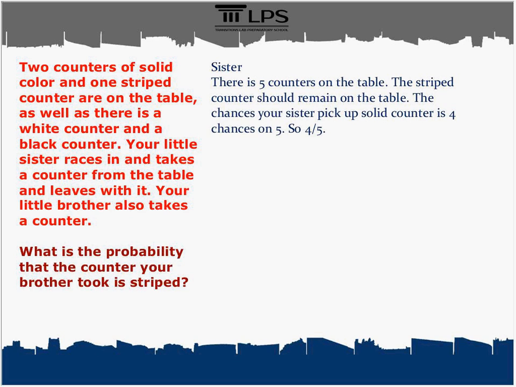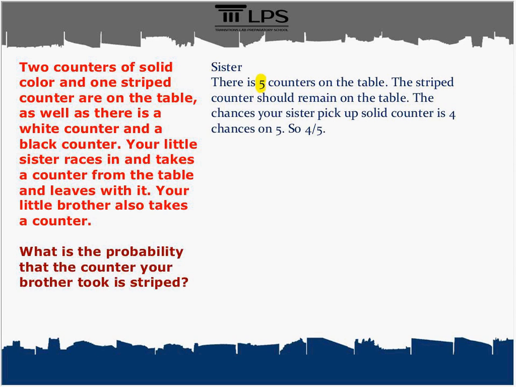Okay. On the slide I have put up a part of the question and a part of the solution. This is the perspective of the sister who comes in first. There are 5 counters on the table. How many of you have counted 5 counters? Yes, part without replacement. Great. Very good.